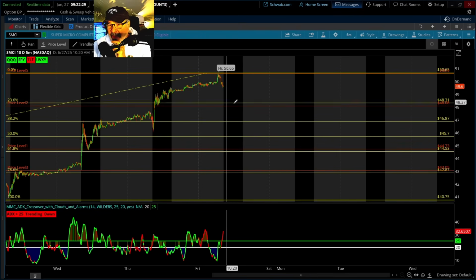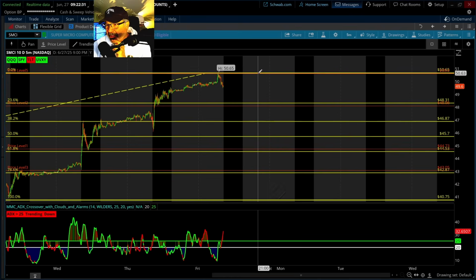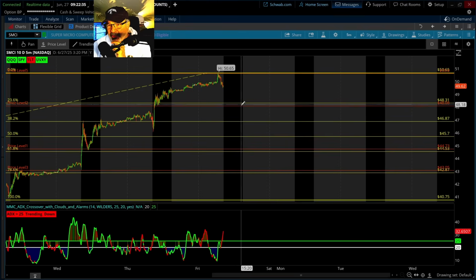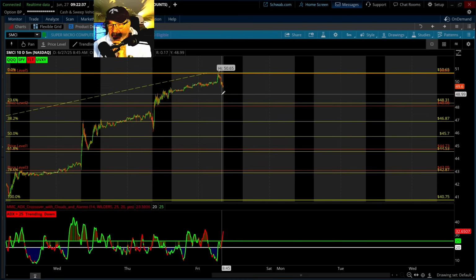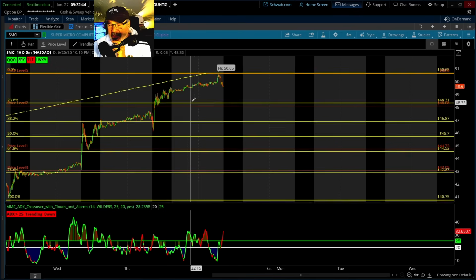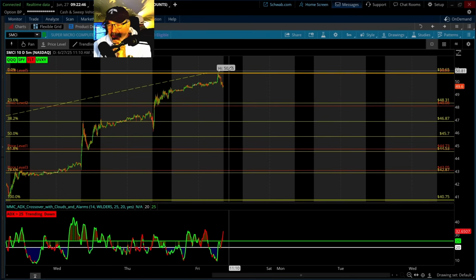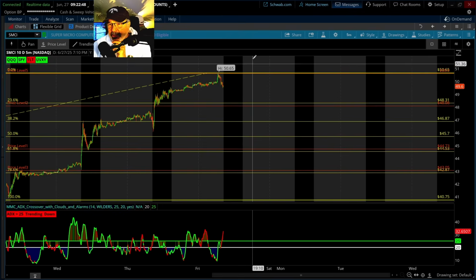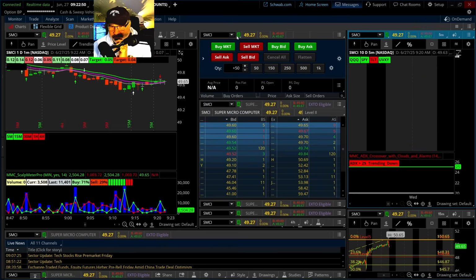We might want to watch this one. That's $3 or $2, at least $2.30 right here. That's a decent channel here. A lot of potential. So we're going to want to sharpen this as price action moves and maybe make some more support and resistance.